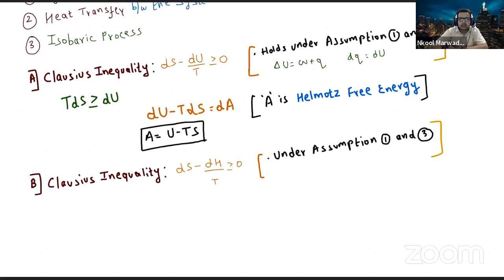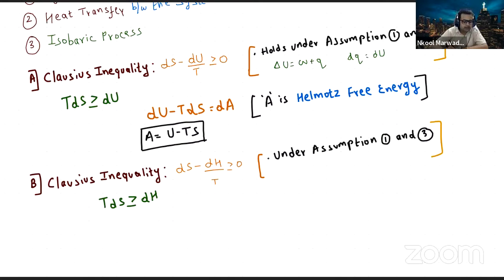Now once again I can rearrange it and I will get TdS is greater than or equal to dH, that is, the change in enthalpy.